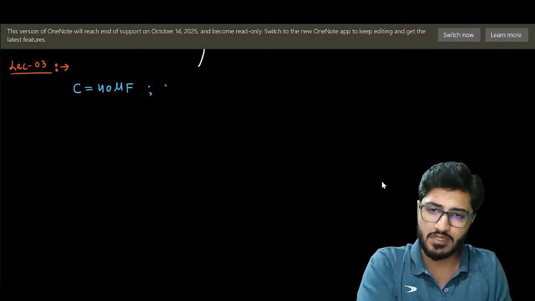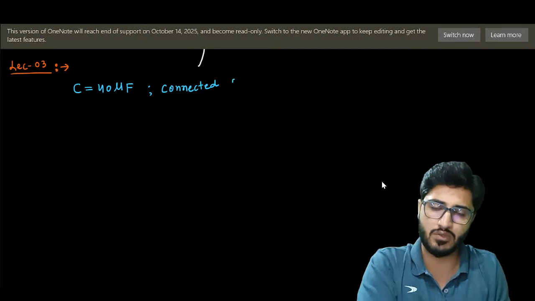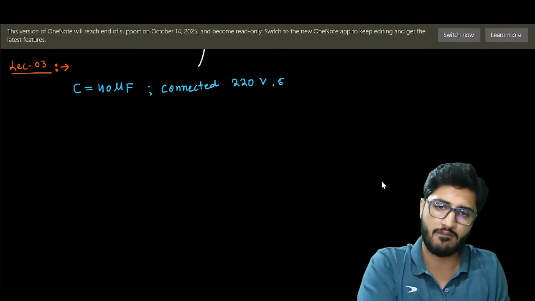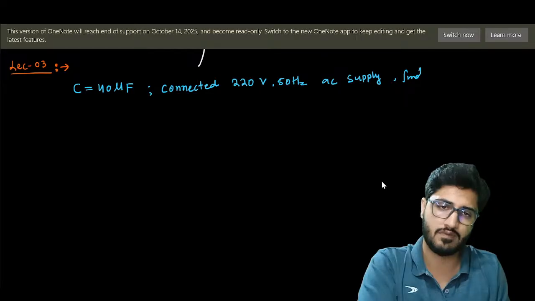This capacitor is connected to a 220 volt source with 50 hertz frequency, and the source is AC supply. Find the current's RMS value.